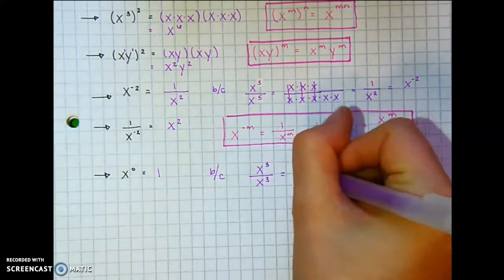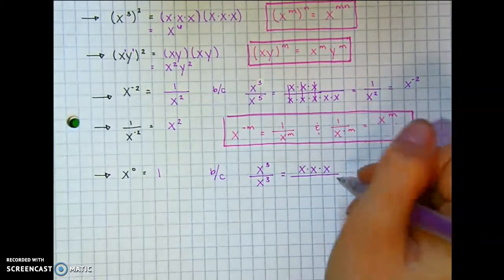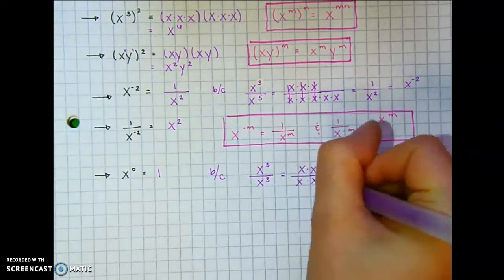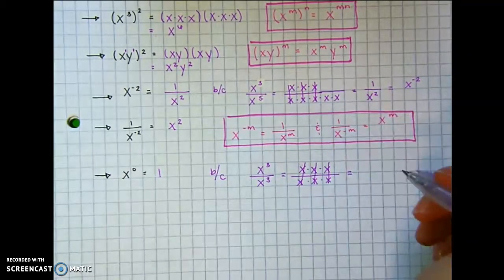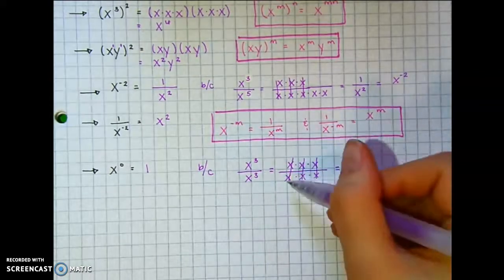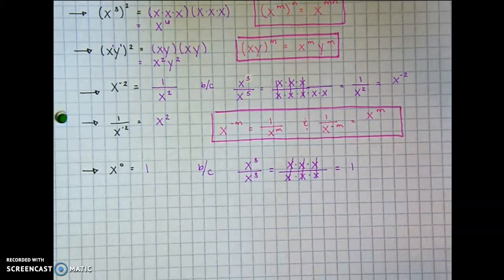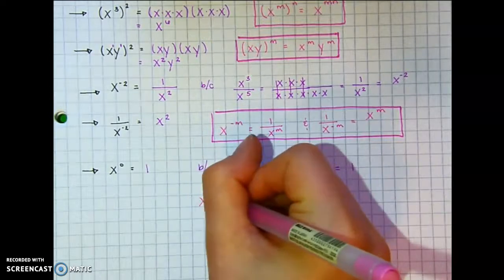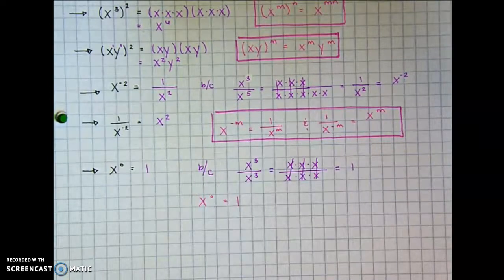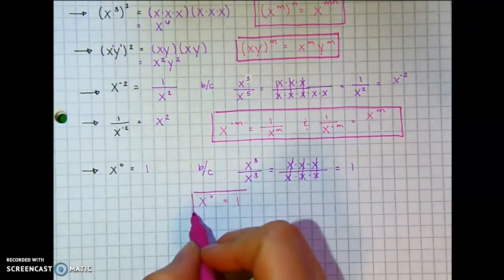But if we expand it out, this is x times x times x over x times x times x, and they all cancel. But when they cancel, they're not just 0. x divided by x is 1. Anything divided by itself is 1. So the rule is x to the 0 equals 1, no matter what.